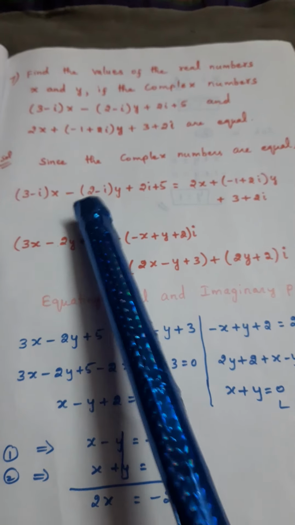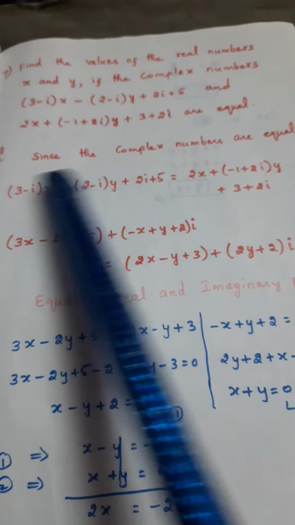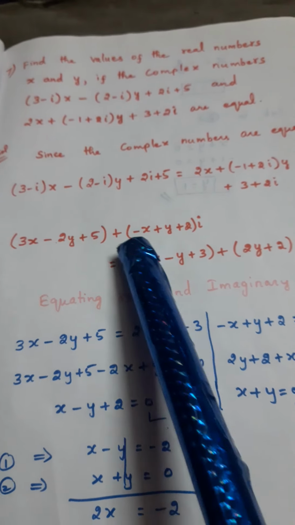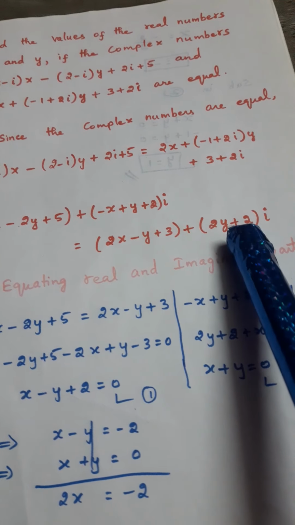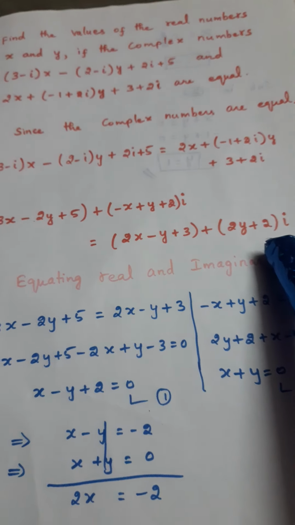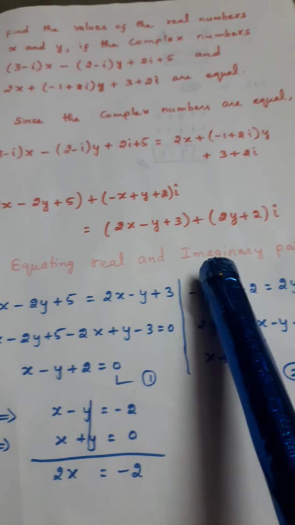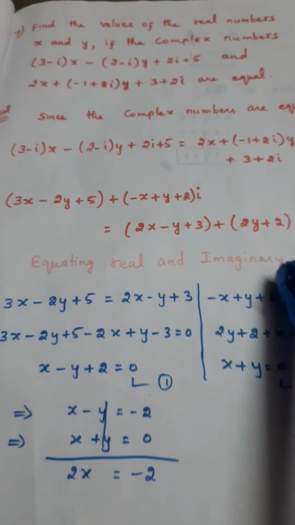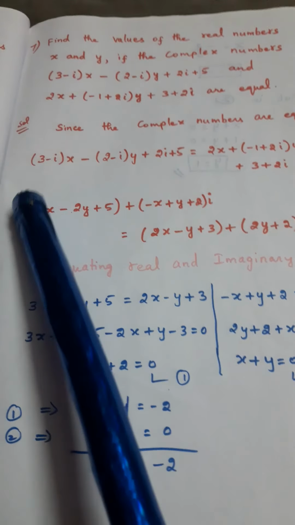What is actually given? These two complex numbers are equal. In this complex number, we are separating the real part and imaginary part. In this complex number, we are separating the real part and imaginary part. Now since the two are equal, we are going to equate real and imaginary parts on both sides. How to equate the real part on both sides? What is the real part on the left hand side?